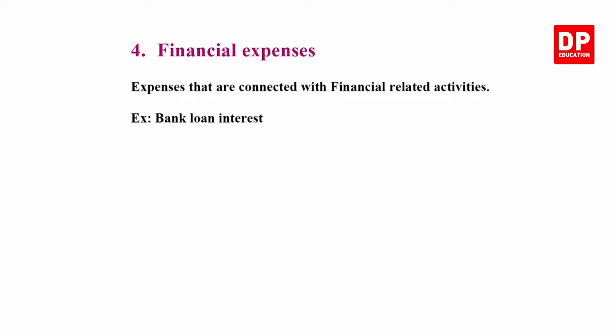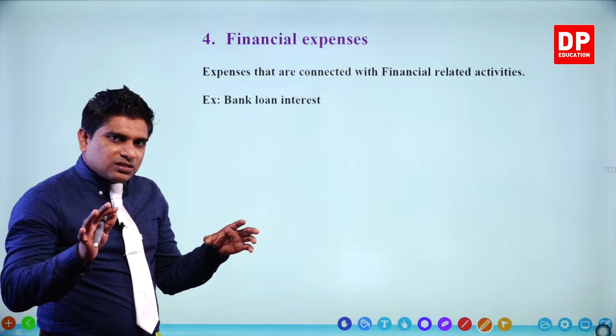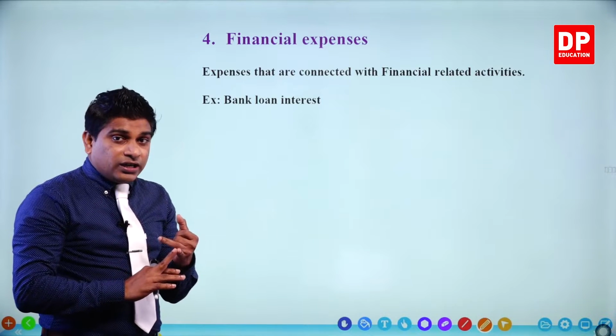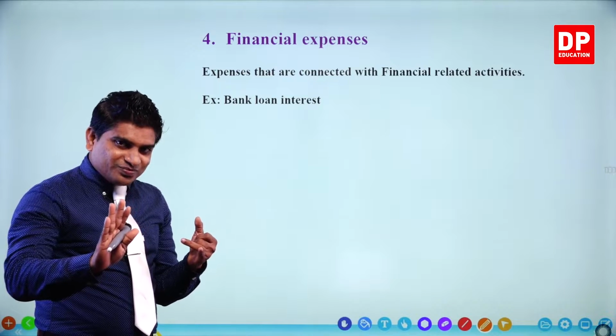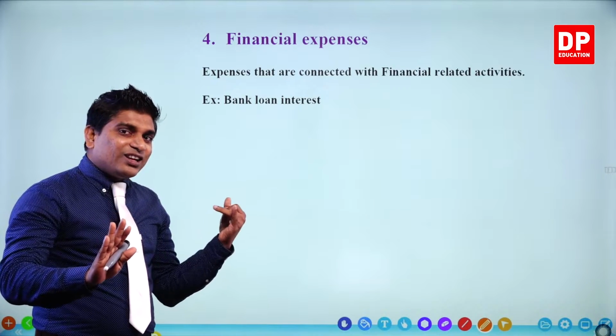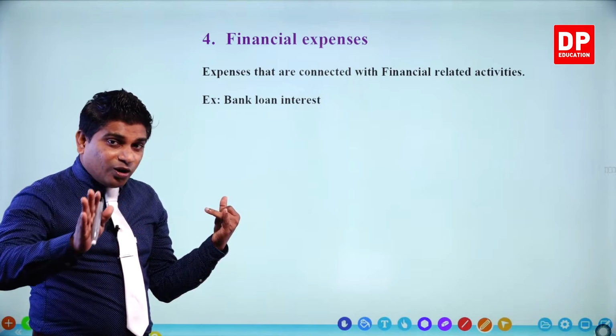Now the next one, financial expenses. In the financial expenses category we can mention especially financial-related activities. Bank loan interest, not the bank loan. Bank loan is a liability, right? Here we can write only income and expenses. You never mention bank loan here.